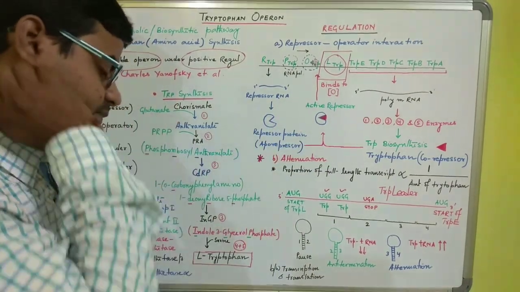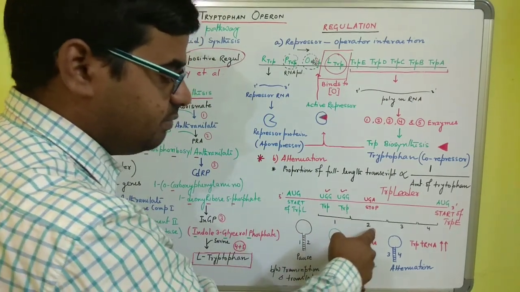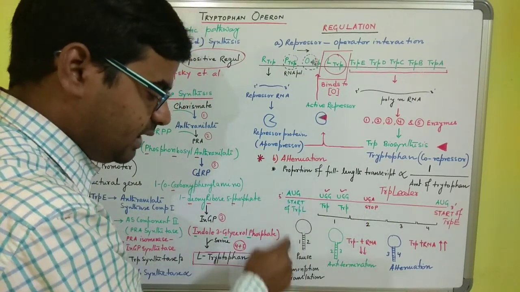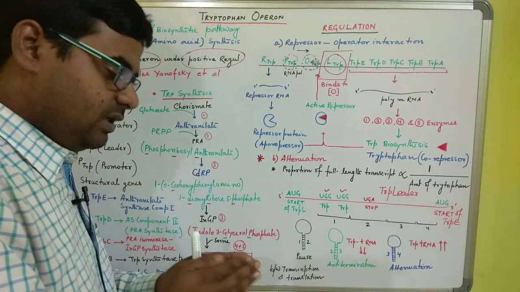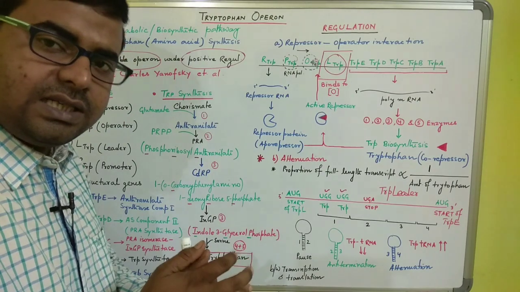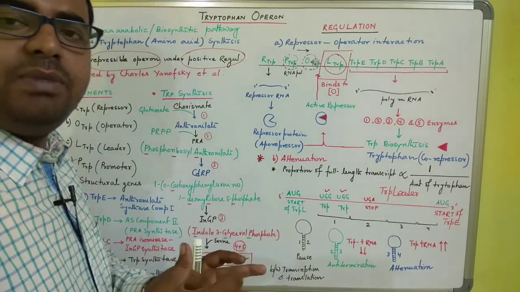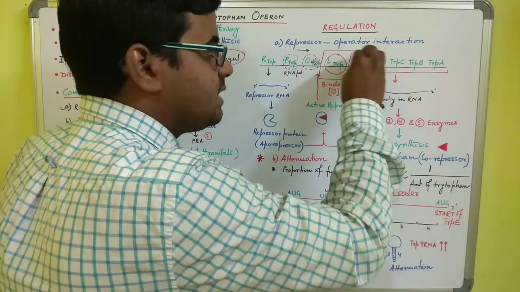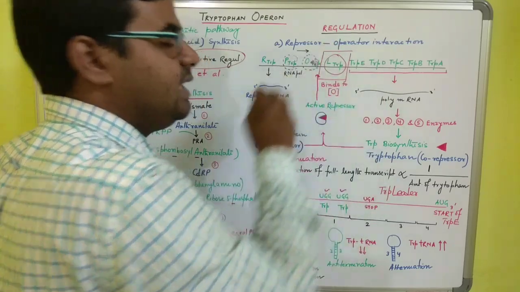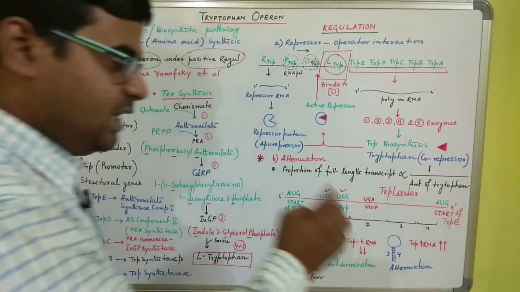How does this occur? If region 1 binds with region 2 and forms a stem loop, it gives a pause signal. The transcription and translation are simultaneous and occur in a coupled way. When transcription of the structural gene E is going on, this leader portion has already been synthesized.